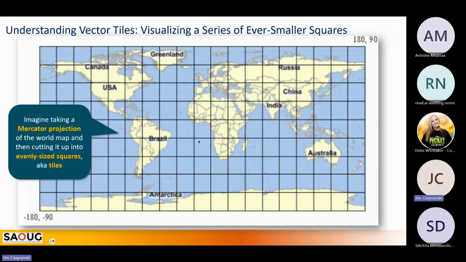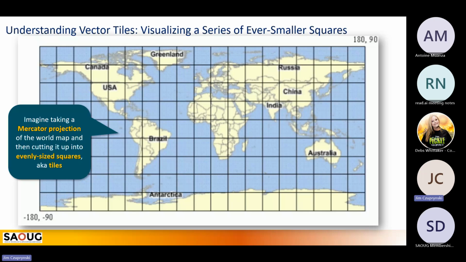So here we go. If I take a Mercator projection of the world, right? This is why everybody gets confused about how big certain things are. No, Greenland is not half the size of the continent of Africa, right? Mercator projections end up distorting sizes of how big things really are.